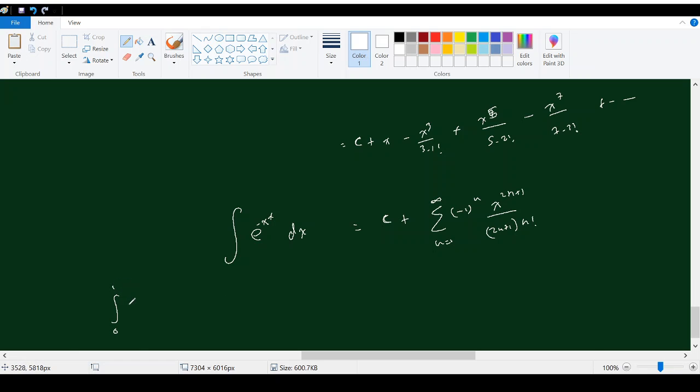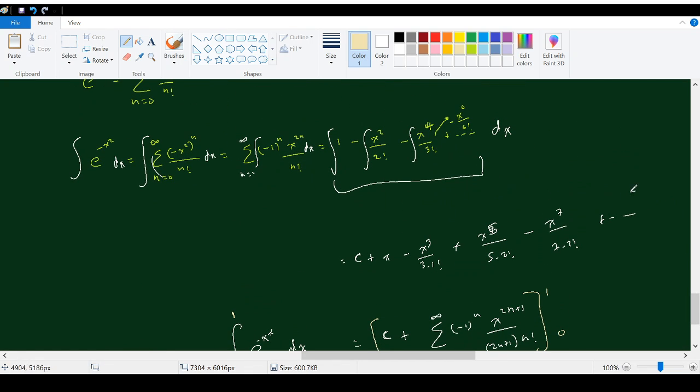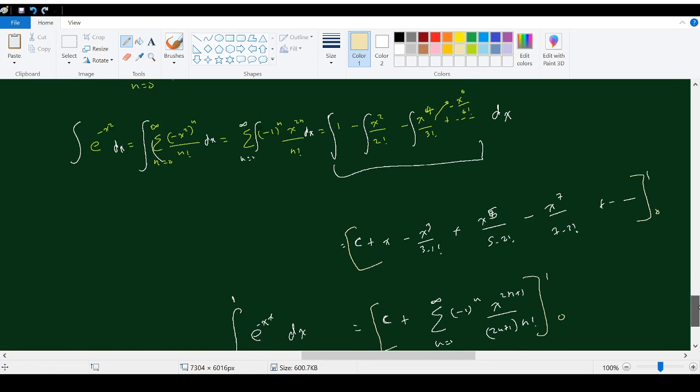For example, what if we need to evaluate something like this? That means we need the upper and lower limits in here. Or in other words, we need the upper and lower limits evaluated for each and every term in here.